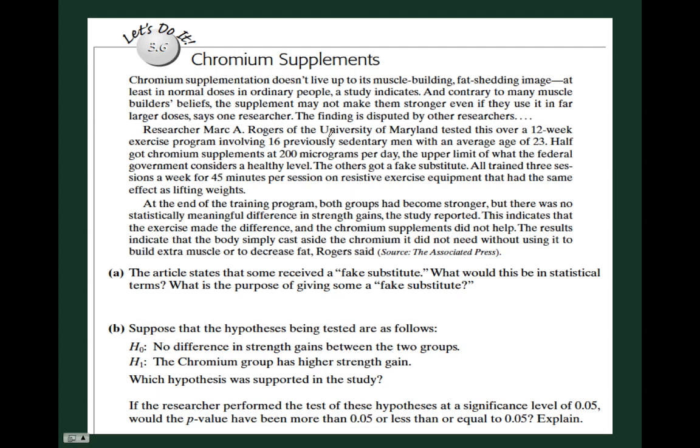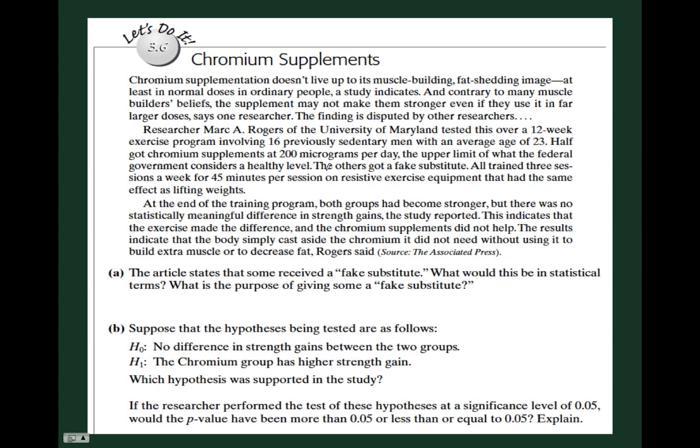Researcher Mark A. Rogers of the University of Maryland tested this over a 12-week exercise program involving 16 previously sedentary men with an average age of 23. Half got chromium supplements at 200 micrograms per day, the upper limit of what the federal government considers a healthy level. The others got a fake substitute.